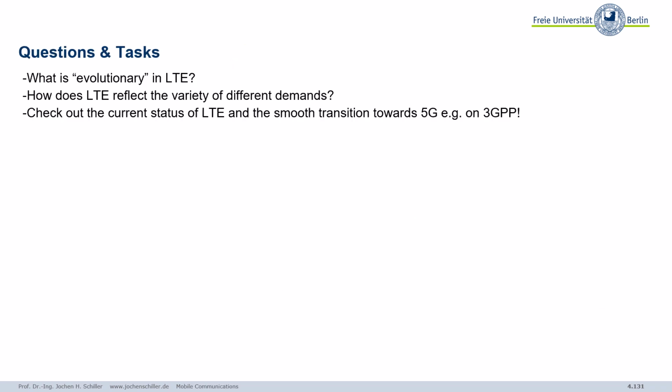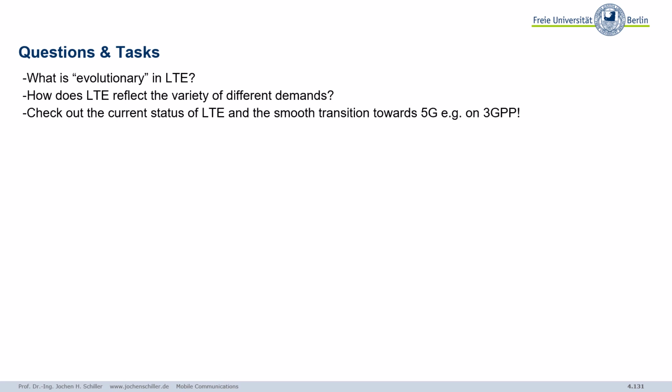So looking back on LTE, why is it called evolution? What is evolutionary in LTE? Why is it not a revolution? So maybe some parts are revolution, but why is it more evolutionary? So, and how does the LTE reflect all those different demands in terms of data rates and bandwidth, etc.? And then please do have a look at the current status of LTE.